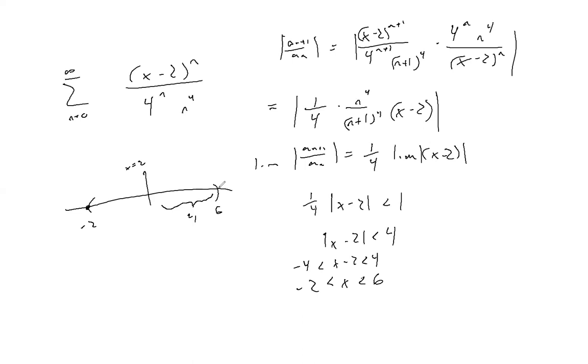What's going on in the endpoints? I need to check the endpoints. Okay, if I plug negative 2 in, let's see what happens at the endpoints. Let's look at this series.